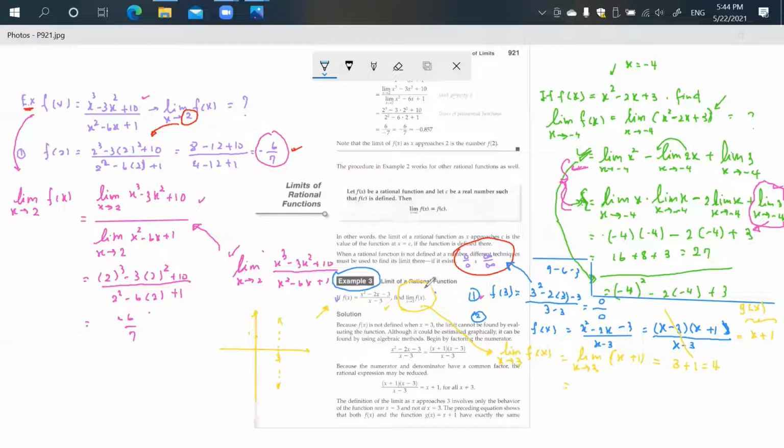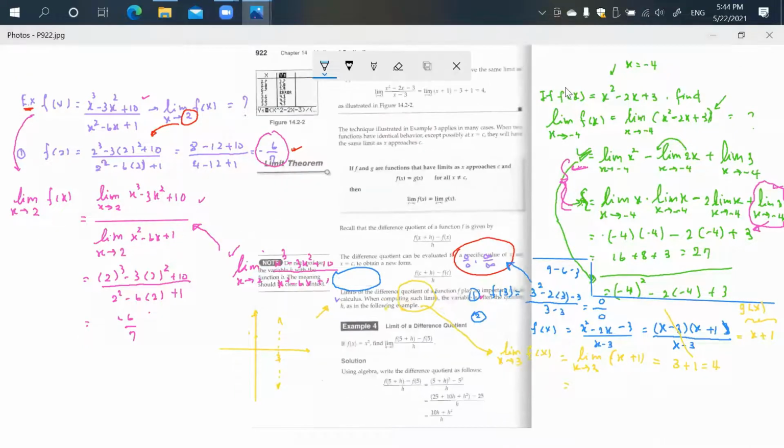I think I have one more example. Let's go. The last one. Okay, I have to delete it. Erase it somewhere here.